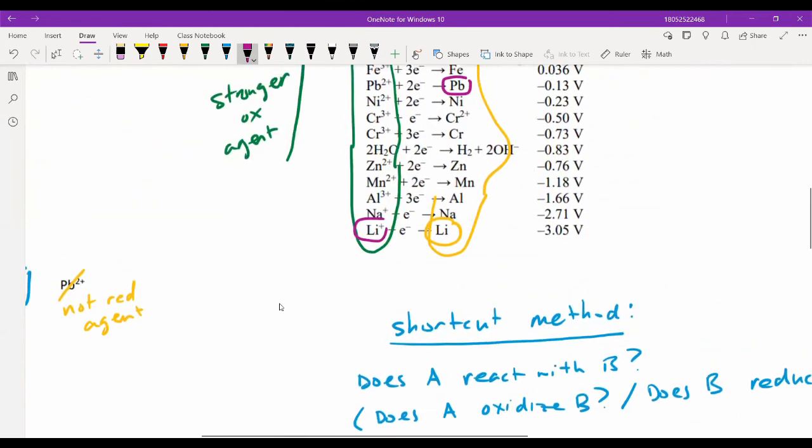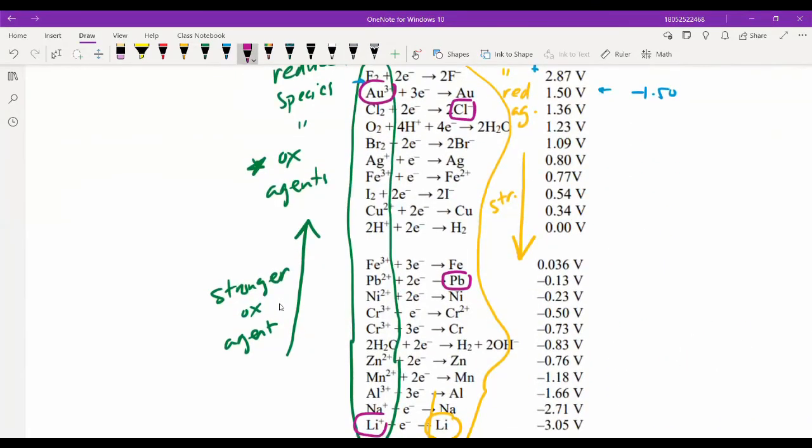And again, just the quick way, like on an exam, I would just find the one that's in between, because then you have the no. So anything in between those two, lead and chloride, there's actually a lot of choices here that would work, like iodine or Br2, bromine. Anything in the middle here basically would work to oxidize one and not the other one.